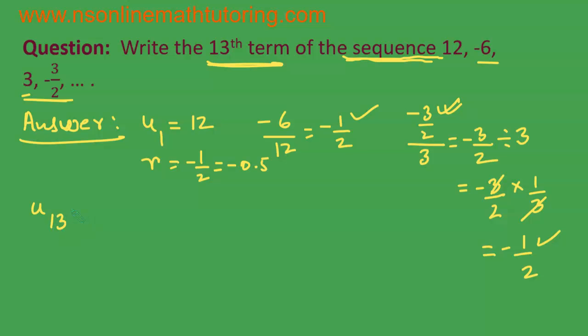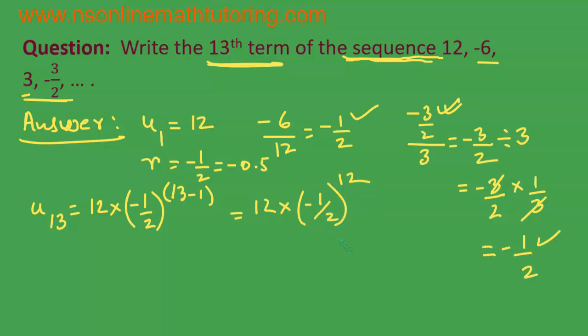U13 is equal to U1, which is 12, times r. It is negative half, I am writing, to the power of n minus 1. That is 13 minus 1. Okay. So this is 12 times negative half to the power of 12. Okay.